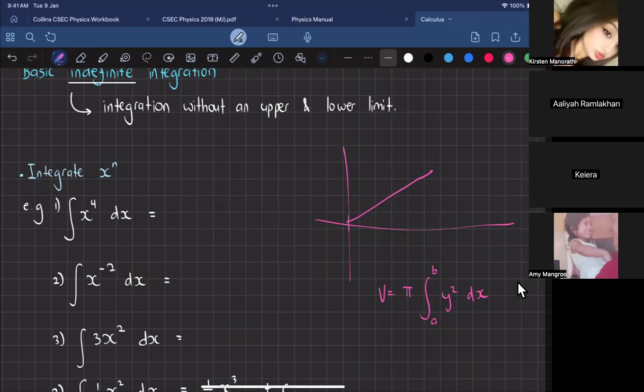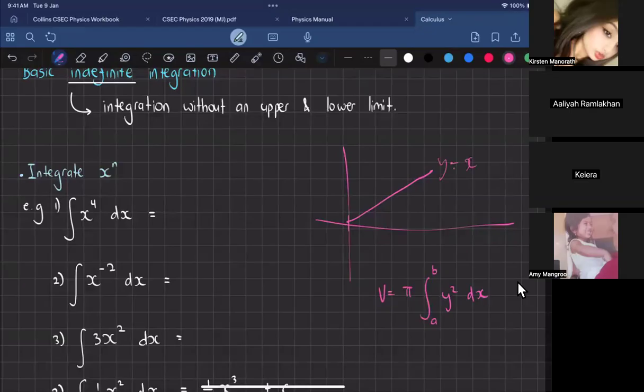Whatever your final answer is, you can multiply by pi. Remember, I showed you how you could pull out constants and put them on the outside. So pi on the outside, and y squared. Remember, we're finding volume. So when we square y, that'll be area. And when you integrate area, you get volume. Whatever the expression for y is, I would just say y is equal to x or something.